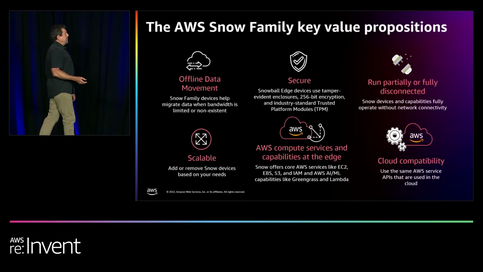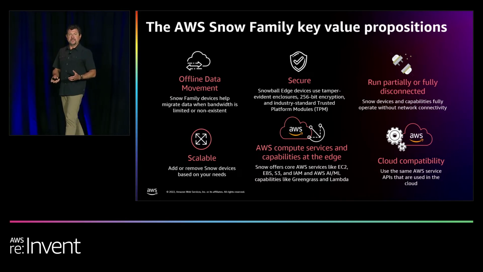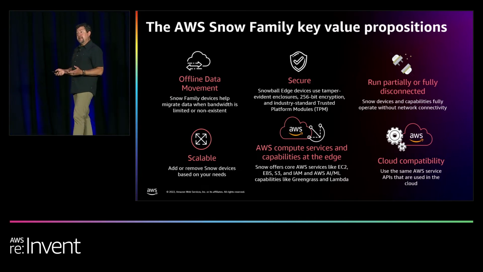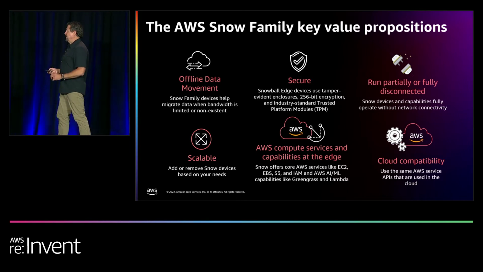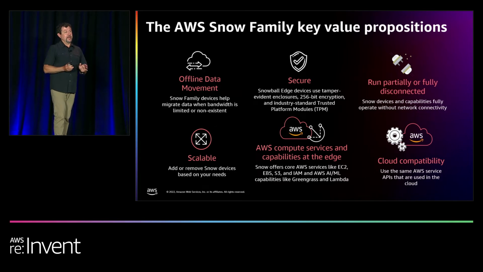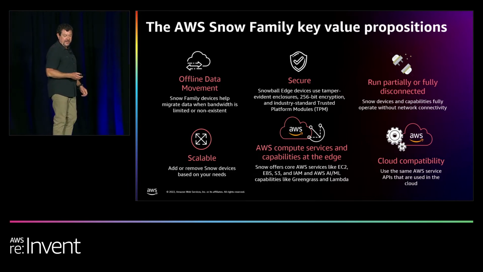So our key value propositions for the service are, of course, offline data movement. We provide the physical hardware that you need to migrate data when you have limited bandwidth, or perhaps bandwidth is practically non-existent. We can accommodate a variety of scenarios on that front. And as I mentioned, security, like everything at AWS, is job one for us. There are a number of measures that we take with the service in terms of security.